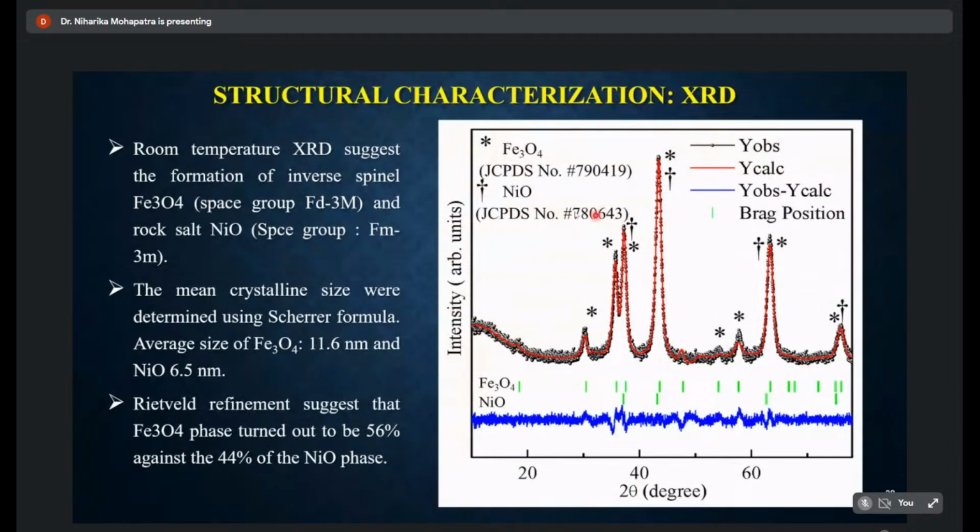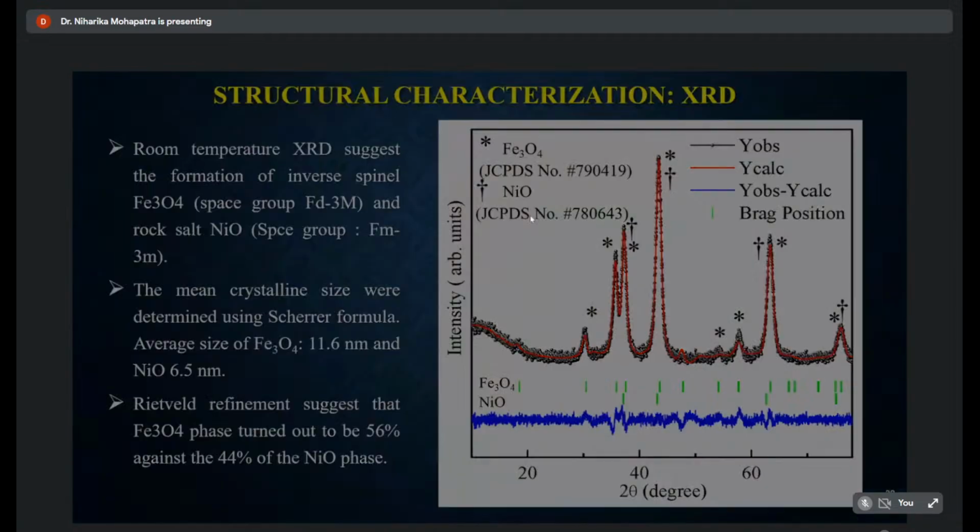Apart from Fe3O4 and nickel oxide, there are no other peaks and no impurity phases. Also, I would like to emphasize that no nickel ferrite phase is formed at the interface. So Fe3O4 and nickel oxide exist independently in the coupled system.